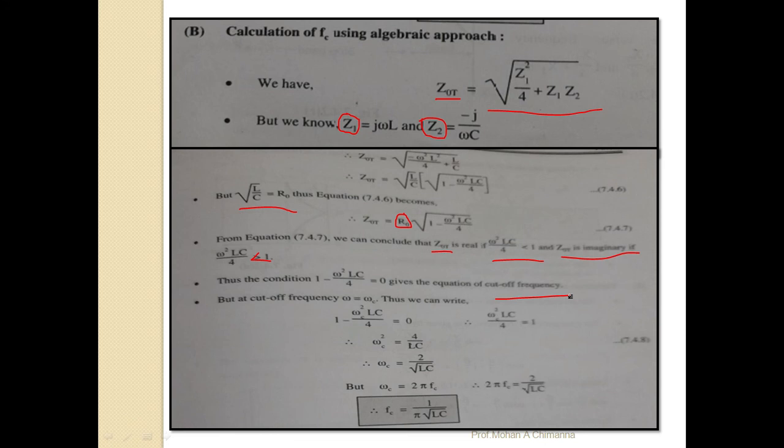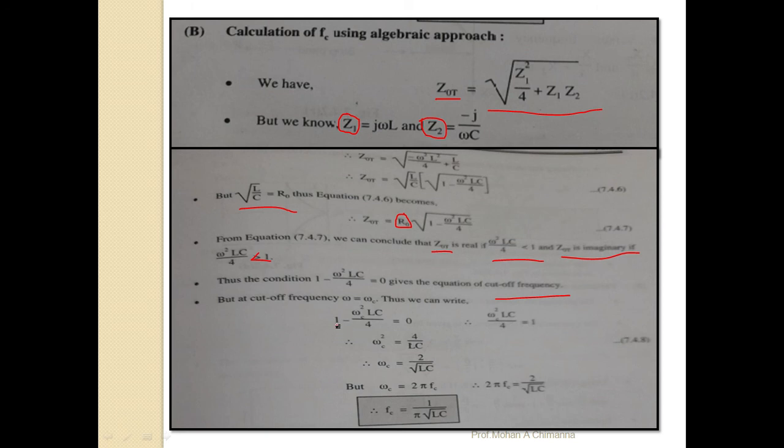The cutoff frequency omega equals omega c, so we can write the equation 1 minus omega c square LC upon 4 equal to 0.